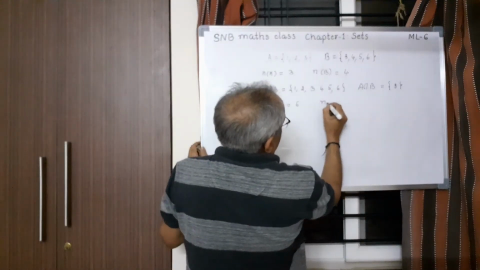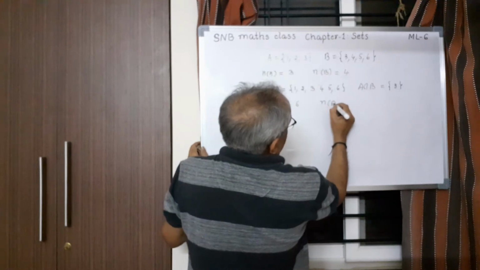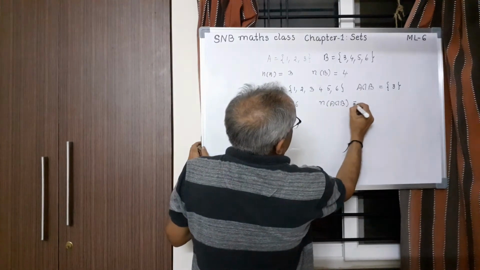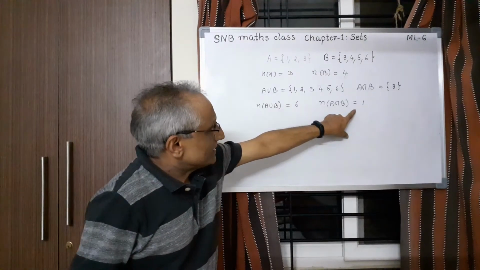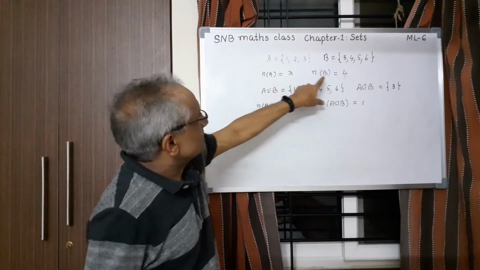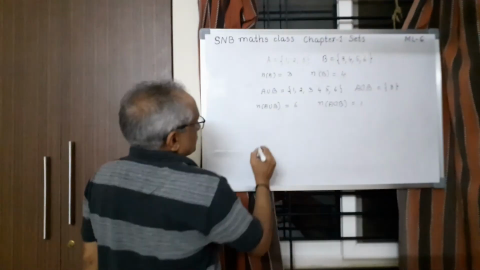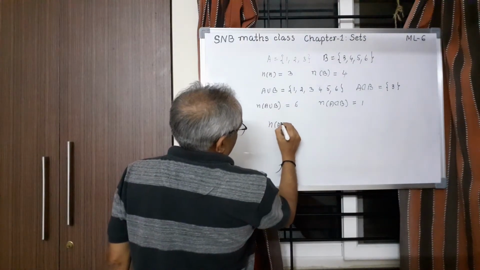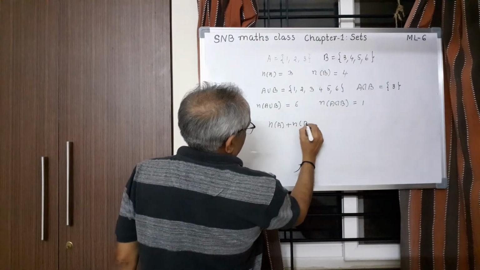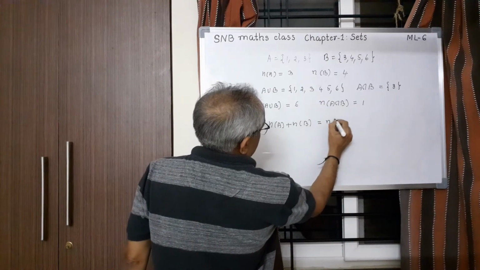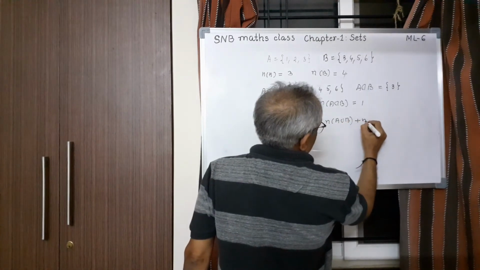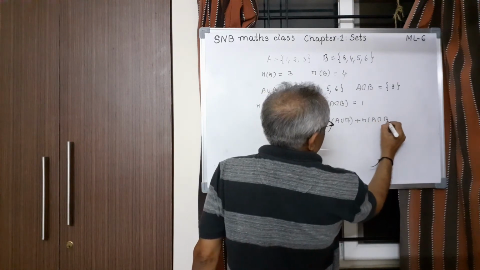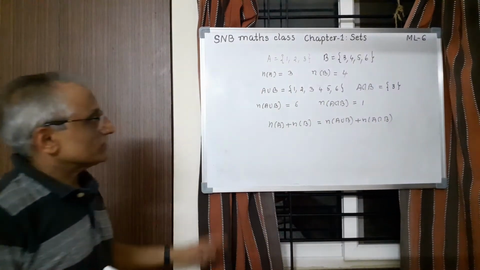And number of A intersection B is 1. 6 plus 1 is 7. 3 plus 4 is also 7. Therefore, once again, number of A plus number of B is the same as number of A union B plus number of A intersection B. So, this holds true here also.